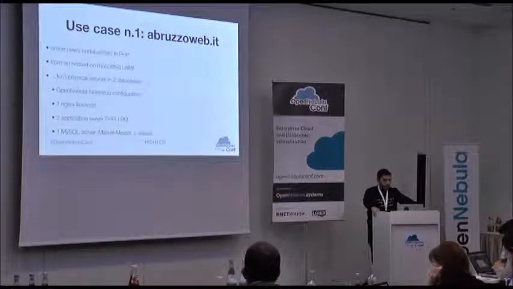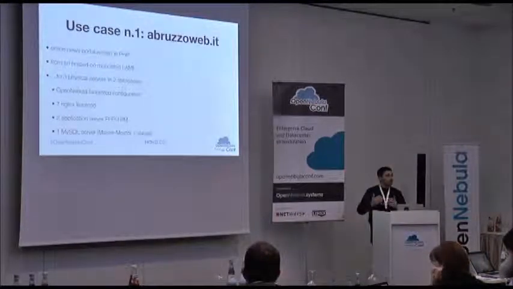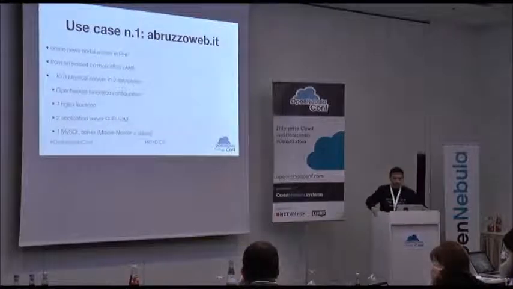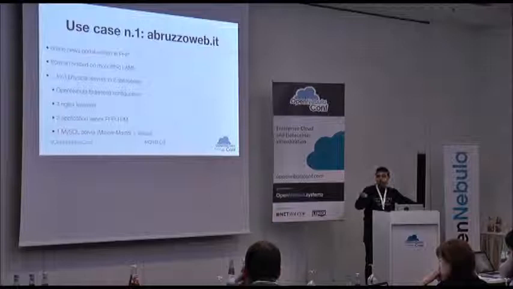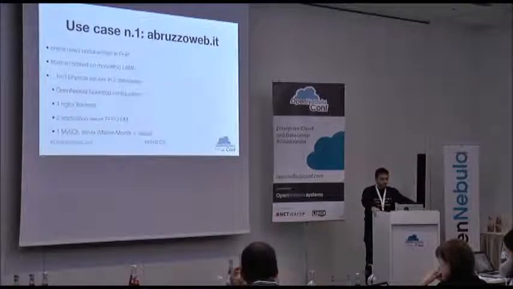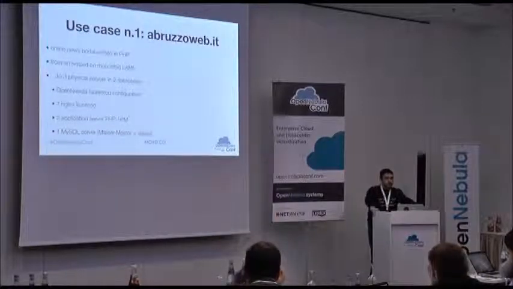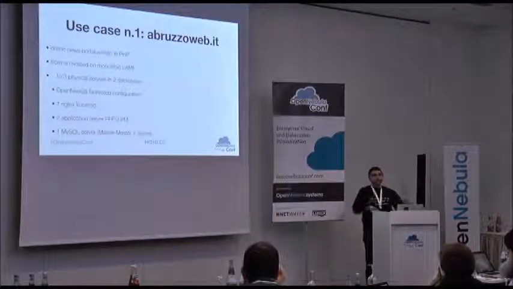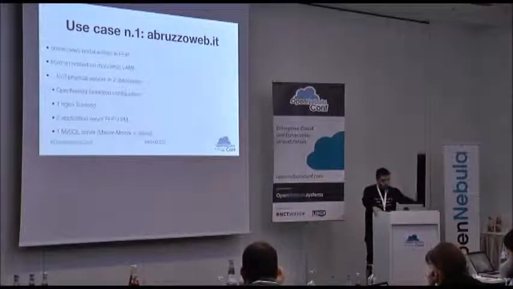When I started to work with these guys, we started to scale this system a little, added another server inside this data center, and helped them rewrite their application to run on two servers.